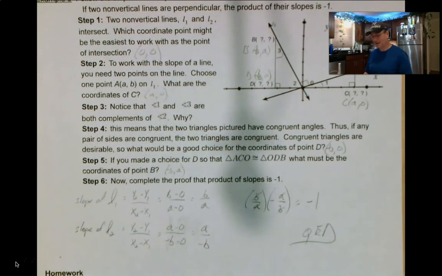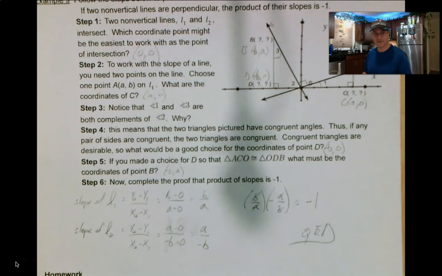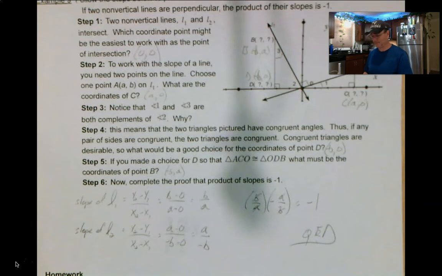QED. Now, this is a proof because it's a coordinate proof. I just have to show the algebra. I've shown the algebra. I've shown that it equals negative 1. The product of the slopes of two non-vertical lines that are perpendicular will always be negative 1.